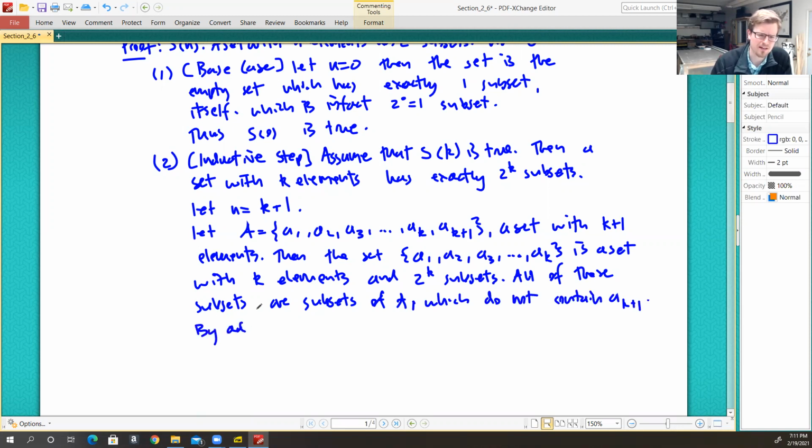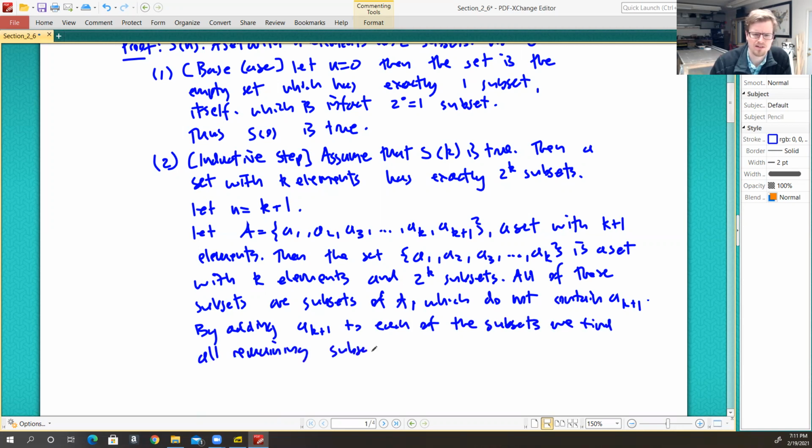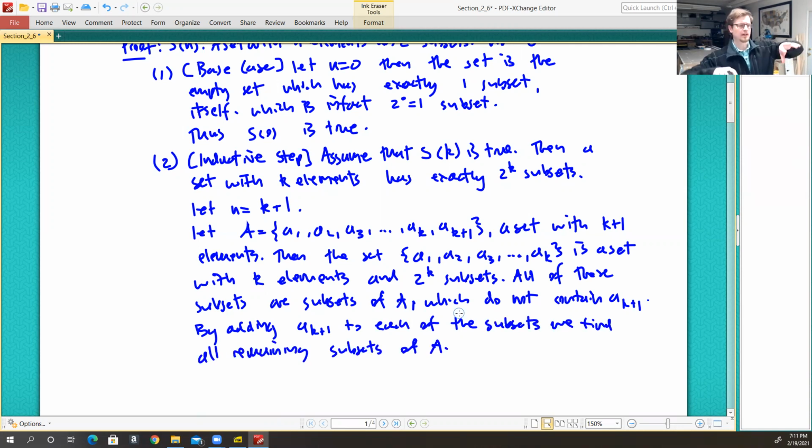By adding a sub k plus 1 to each of these subsets, we find all remaining subsets of A. So again, either a subset contains a sub k plus 1, or it does not contain a sub k plus 1.